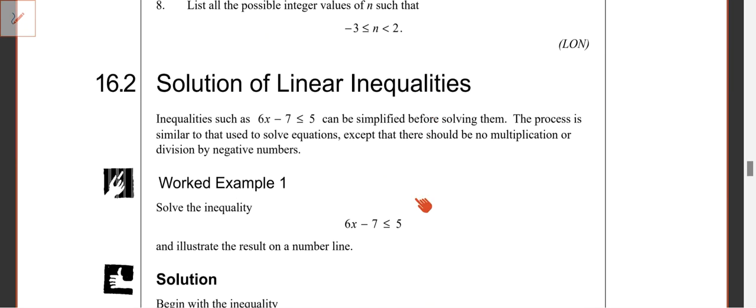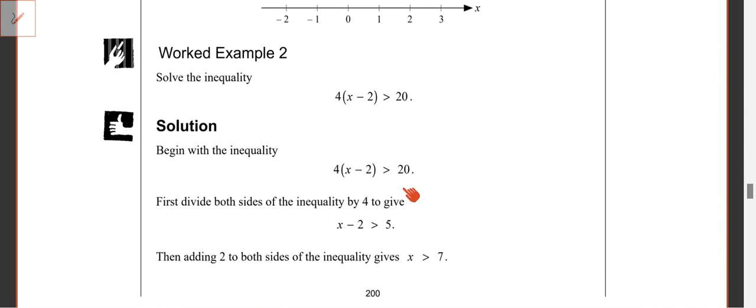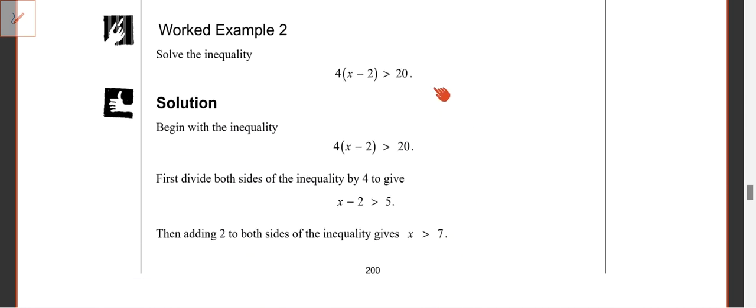is the stuff that we started looking at before, which is these kind of equations. Okay? So you can see an example. On this sheet, in the past, we have done something like solve. This says solve the inequality, but I may have asked you to solve the equation for 4 times x minus 2 equals 20.